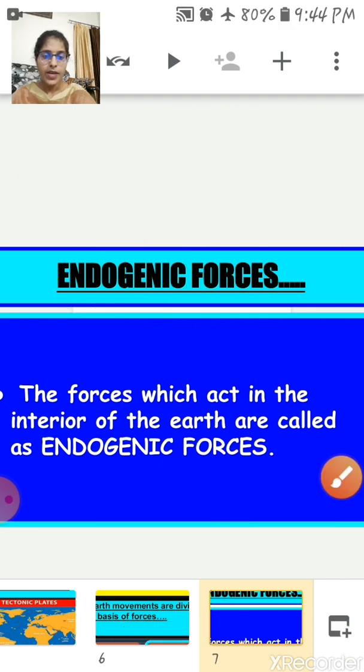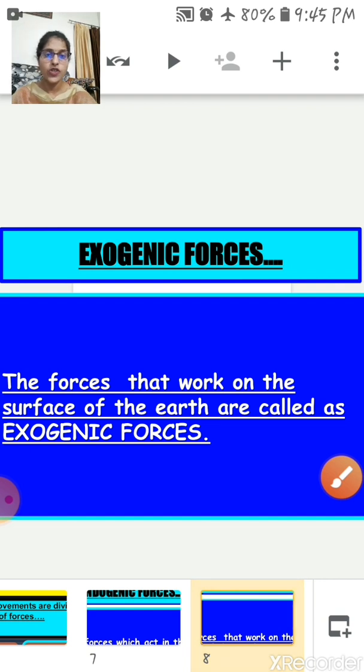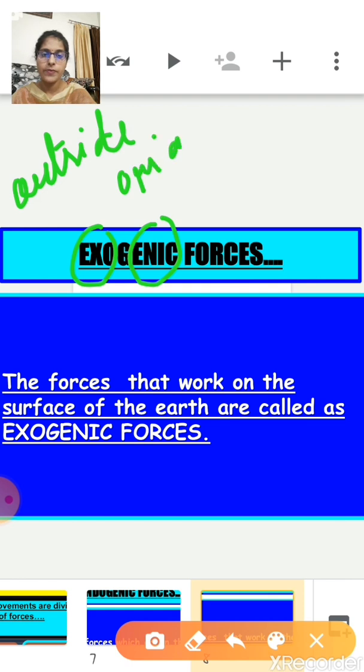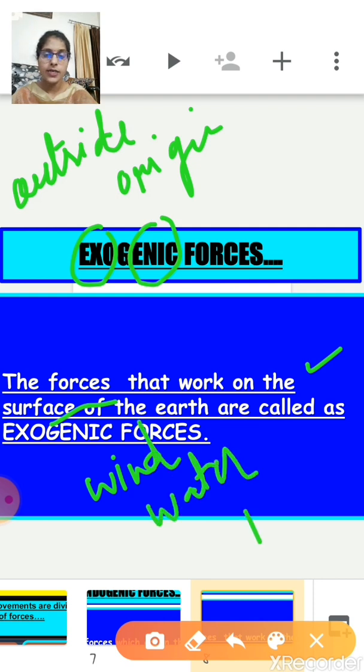Okay, now the next one is the exogenic force. So exo means outside and genic means origin. That means the forces that work on the surface of the earth, and their effect can be seen in the form of erosional and depositional features of wind, water and ice.